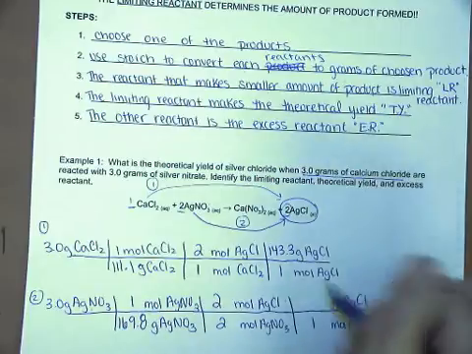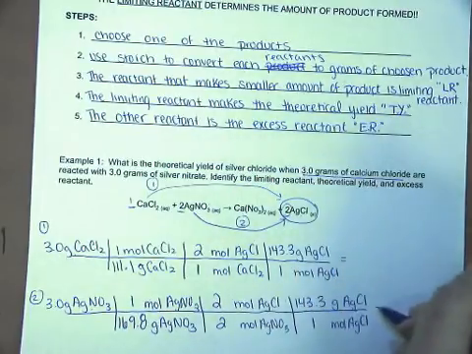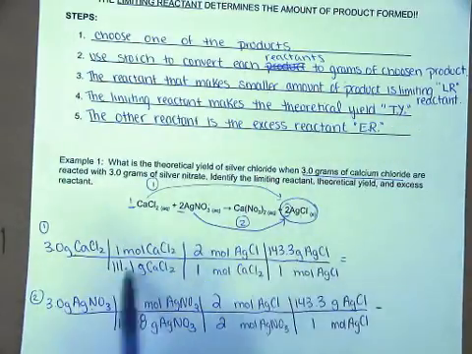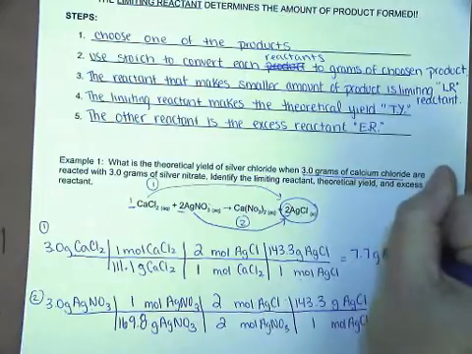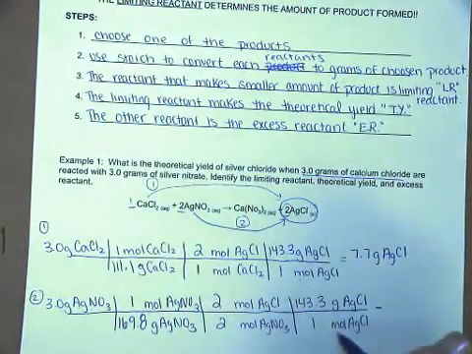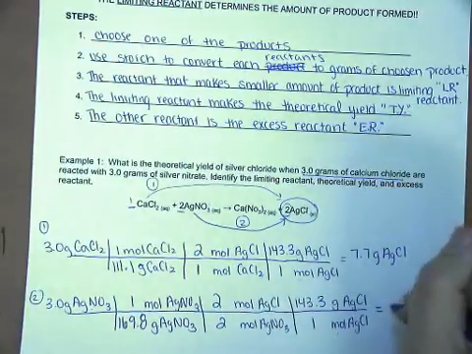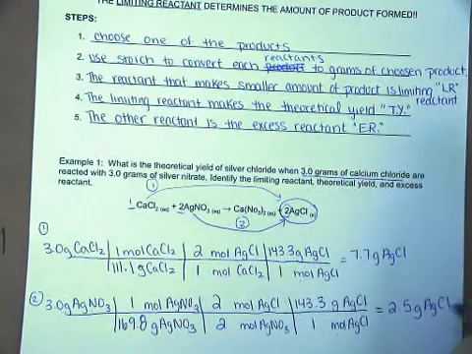My grams, same as up here, 143.3. So now I do my math. Multiply across the top and divide by the bottom. I get 7.7 grams silver chloride. And I multiply across the top and divide by the bottom. I get 2.5 grams silver chloride.